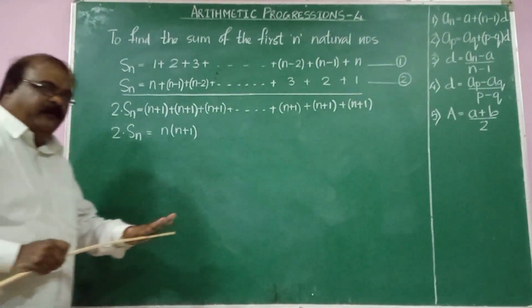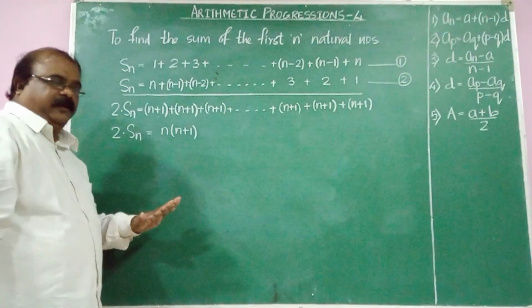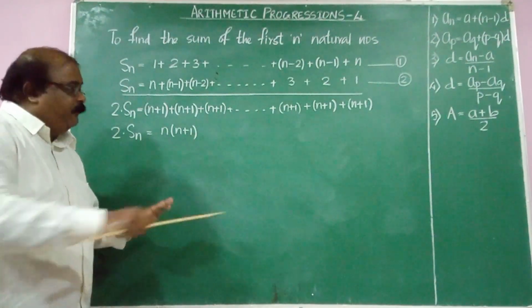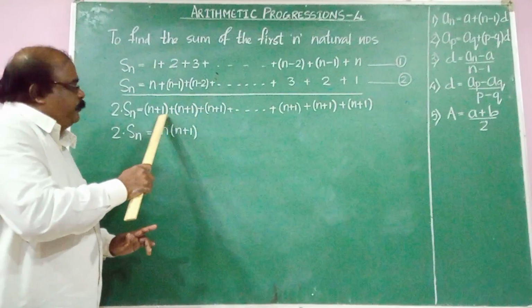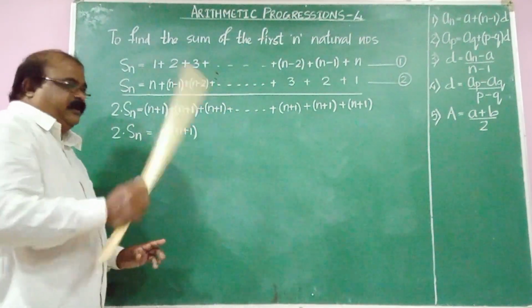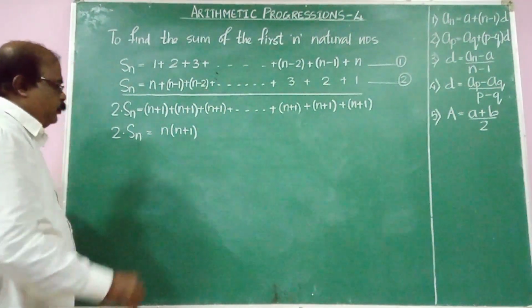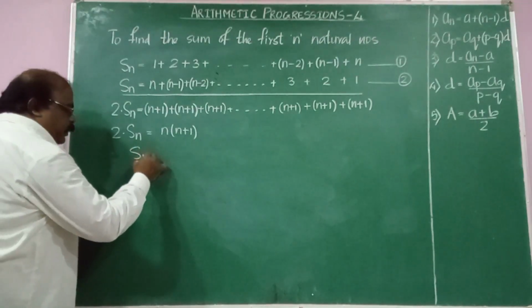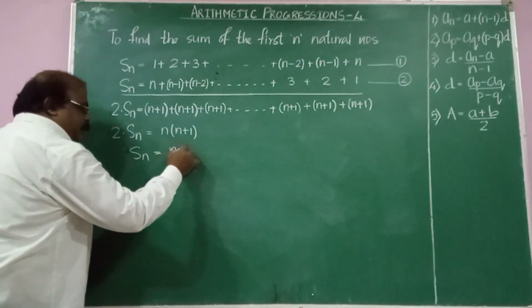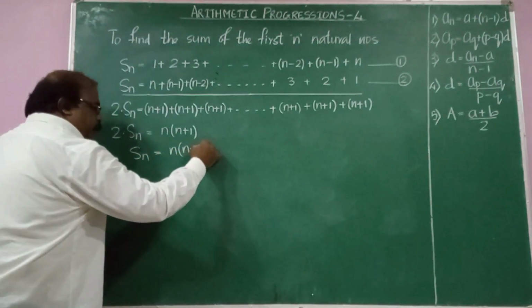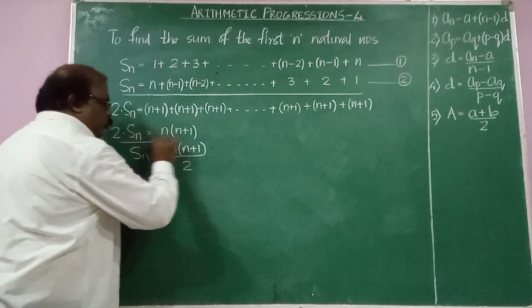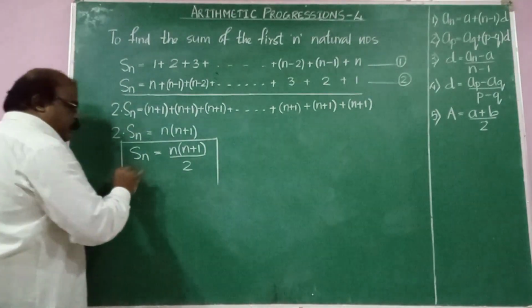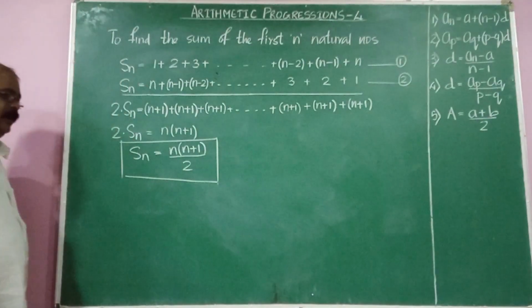What do you mean by S5? The first 5 terms. S6, the first 6 terms. What is Sn? That means n plus 1 is there how many times? N number of times. So I have come to the new formula, that is Sn is equal to n into bracket n plus 1 upon 2. We have learned a new formula today.